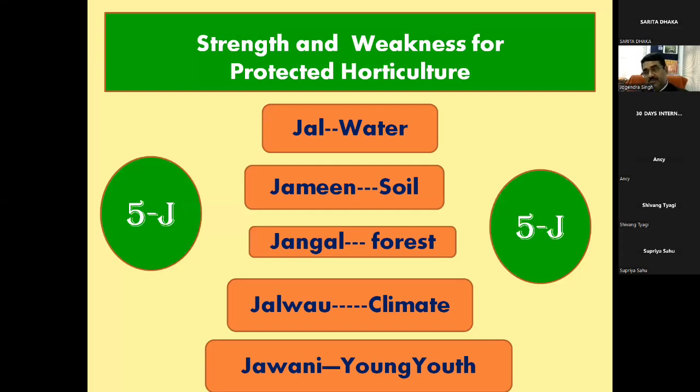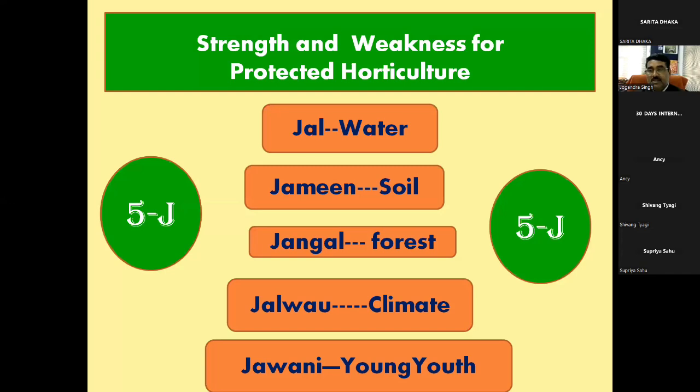Climate will also be maintained by agroforestry and the polyhouse or greenhouse. Janwar means animal; animals are required for organic matter and other purposes. And the youth will be most important. So these are the 6J, the basic needs for protected cultivation.